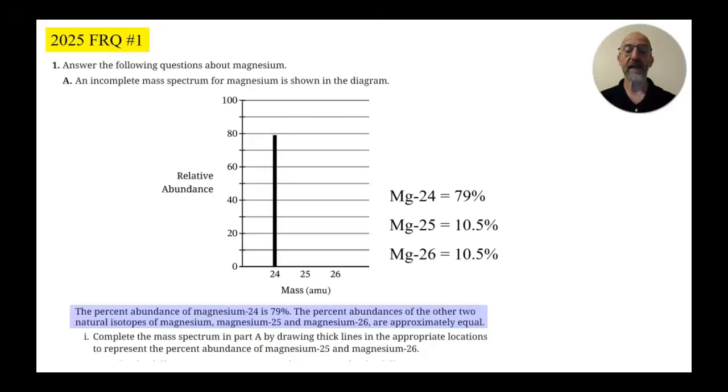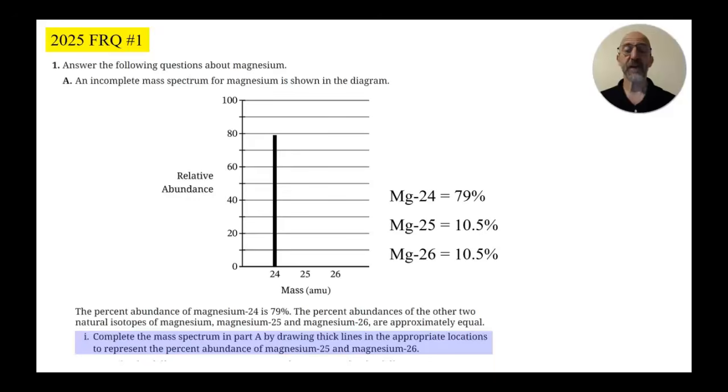So if we know that 79% subtracted from 100 would give us 21%, and that has to be split evenly among these two isotopes, 21 divided by 2 is 10.5. Here's what we have to do. Complete the mass spectrum by drawing thick lines in the appropriate locations to represent the percent abundance of magnesium-25 and magnesium-26.